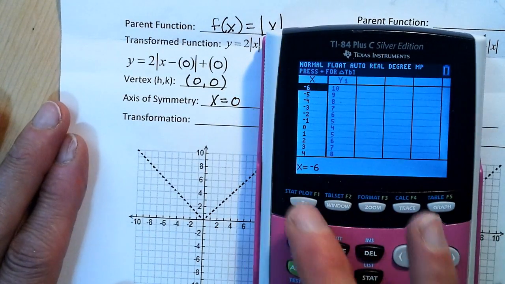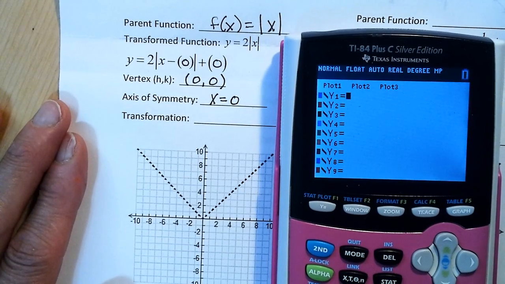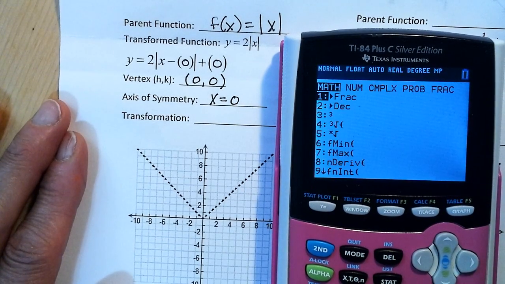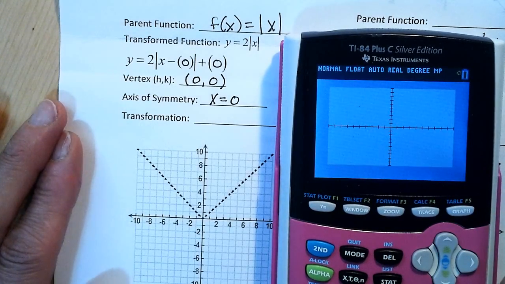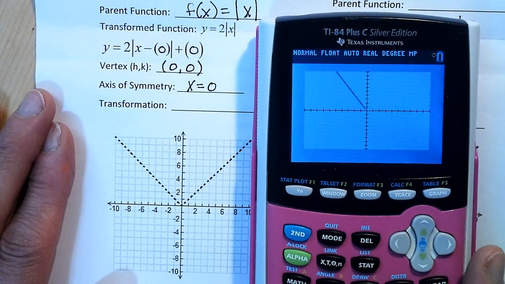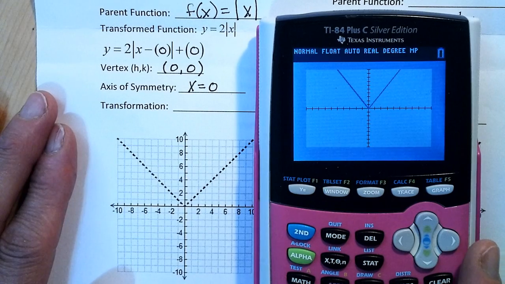We're going to go ahead and graph the function. Let's go to our calculator. I still have what I had in there before, so I'm going to clear that. And I'm going to go to math, number, absolute value of x. When I graph it, it looks just like the parent function. But don't be fooled.